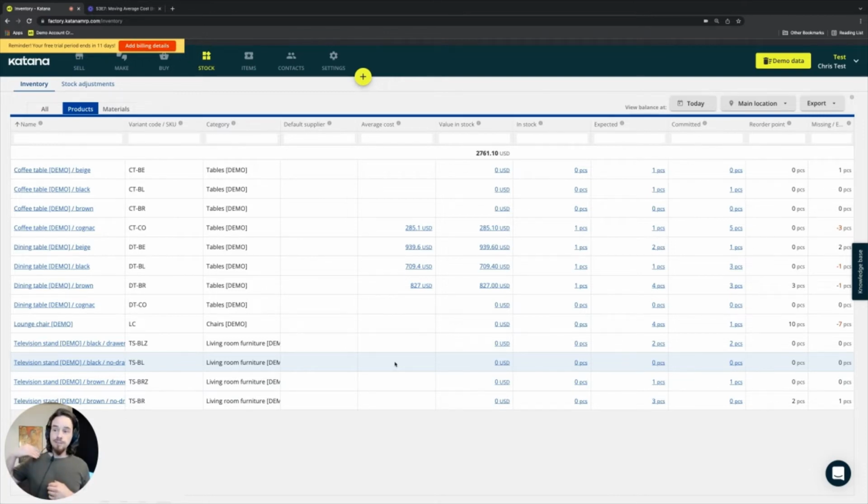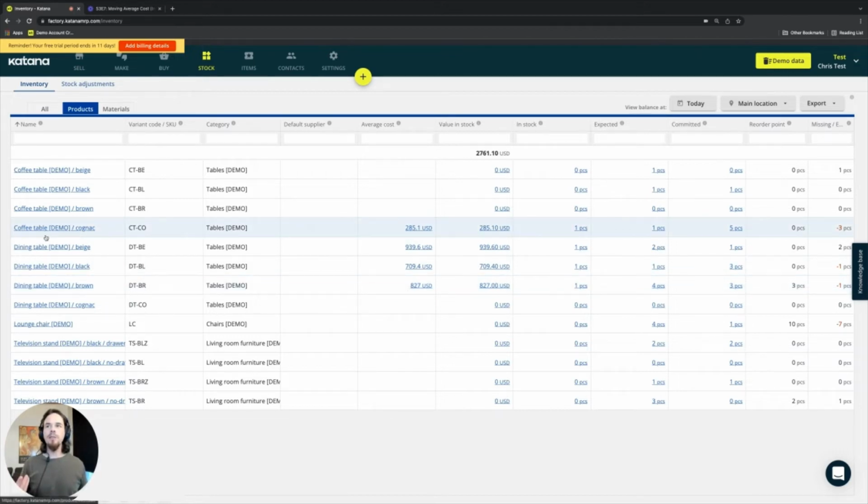You might have somebody on the team spend too much time on an operation, but you have to still pay them for their time. So when you have a case like that, you have to be certain that what you're doing is captured. And when it's captured, it also influences the average cost of the product that you're selling, and that influences your margins. So for example, cognac colored coffee table.